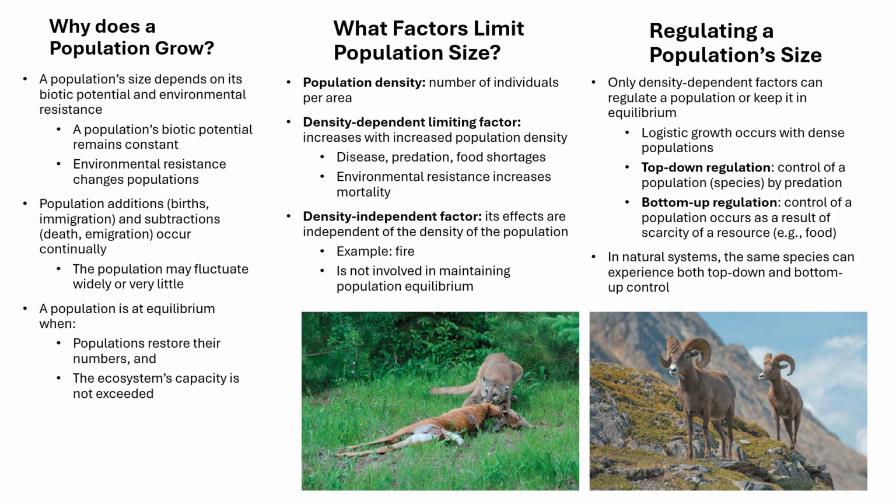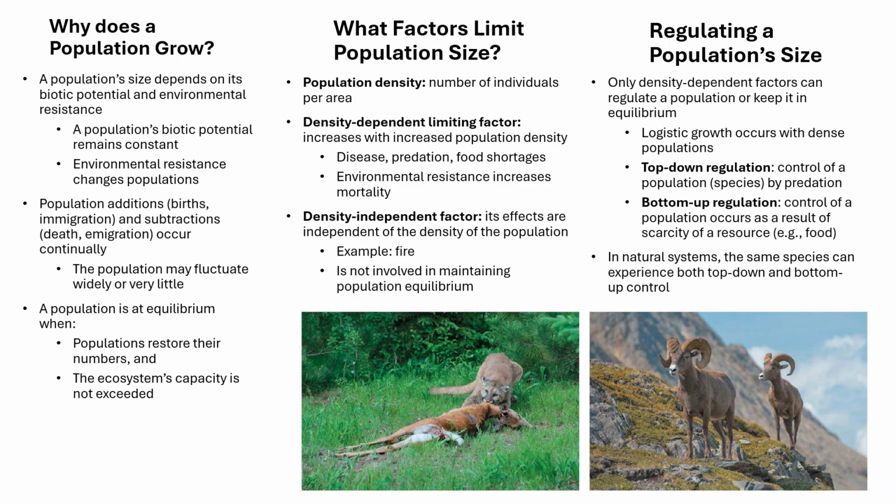So how is the population equilibrium maintained? There are two types of density-dependent factors that can regulate a population. You have the logistic growth, so the maximum carrying capacity of the ecosystem.